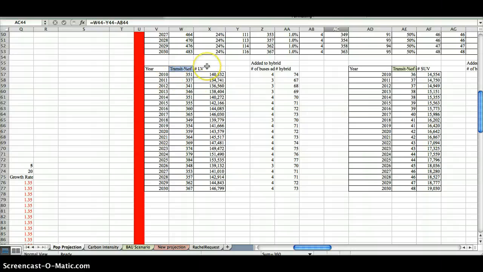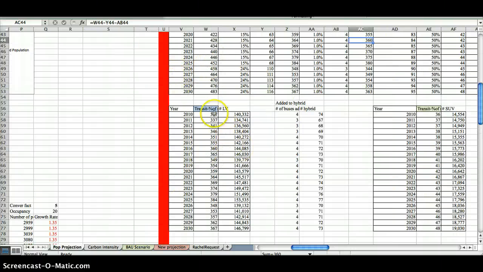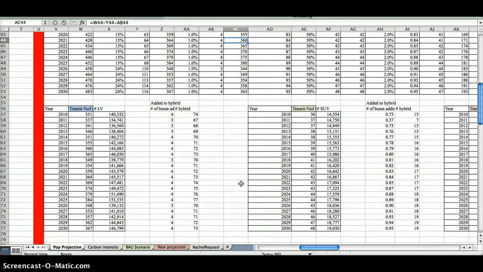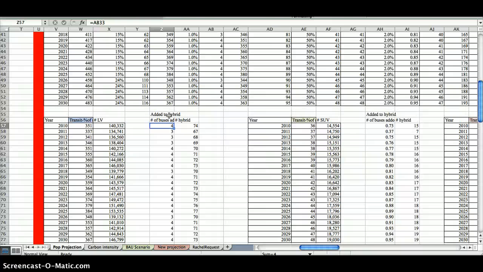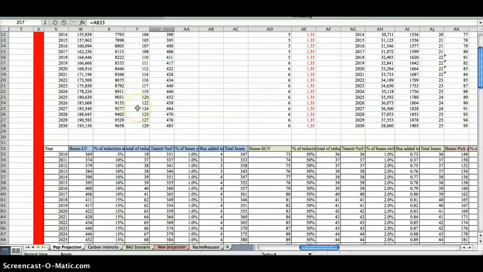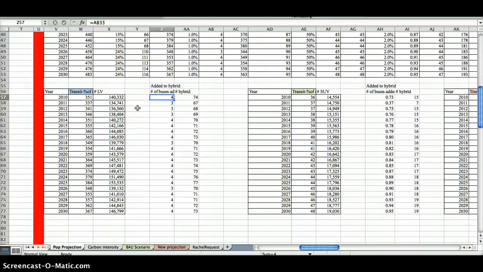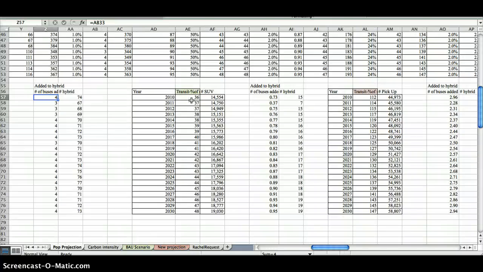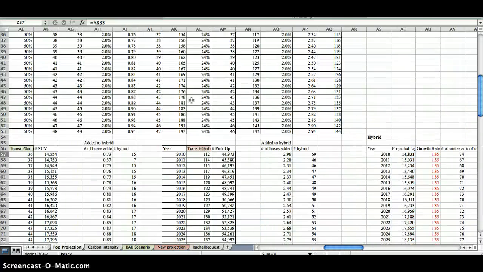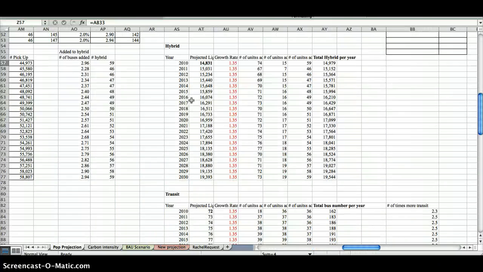So it's like doing the opposite process to put it back into light duty vehicles. And I did the same for the number of buses representing a number of cars. So here we can see four light duty vehicle buses in the light duty vehicles category will represent like 74 hybrid vehicles.